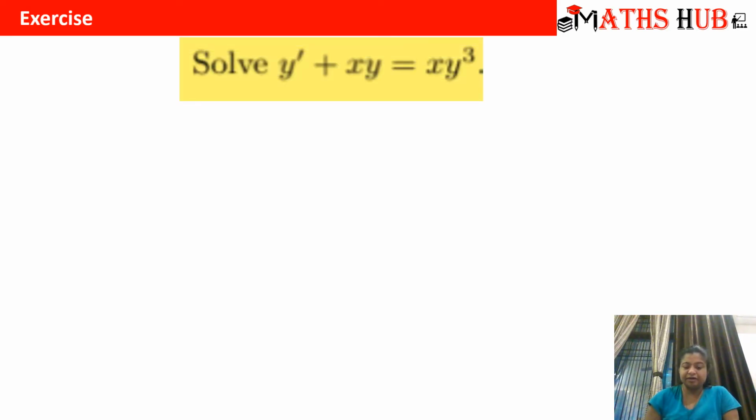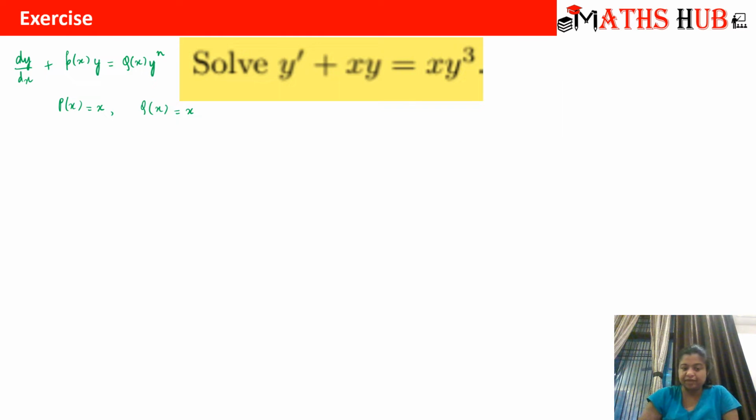The first question is y' + xy = xy^3. Let us compare it with the standard equation dy/dx + p(x) y = q(x) y^n. When you compare the terms, you will find that p(x) is x and q(x) is x.